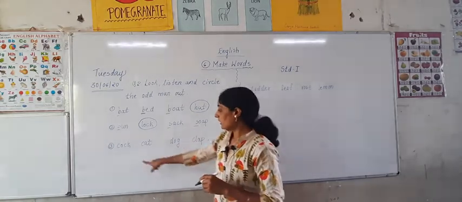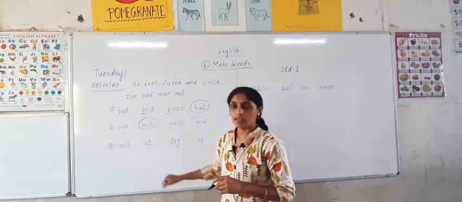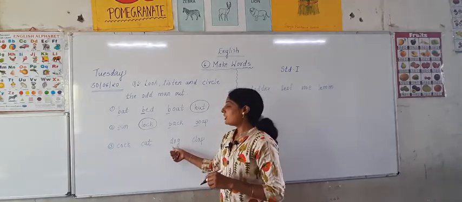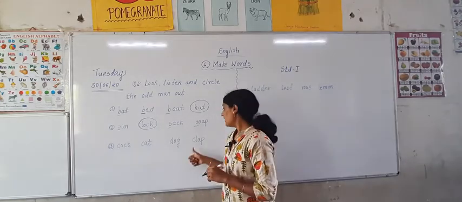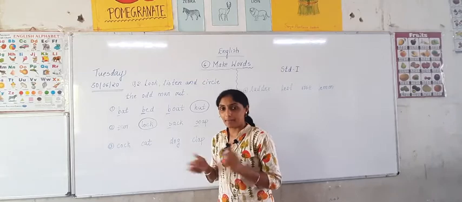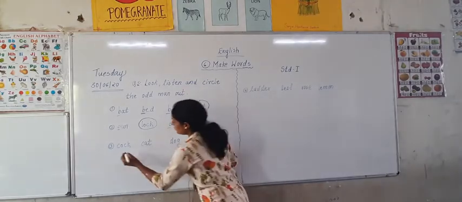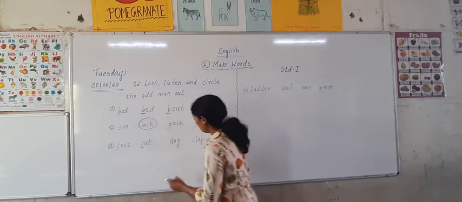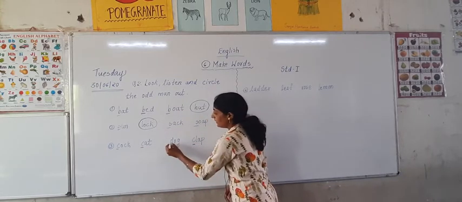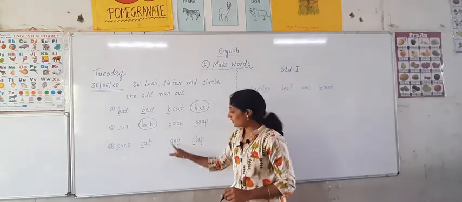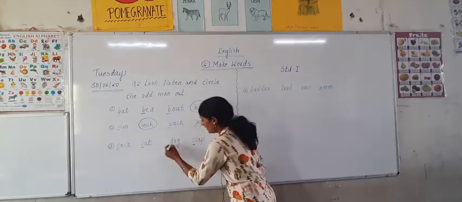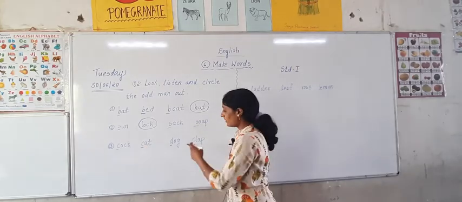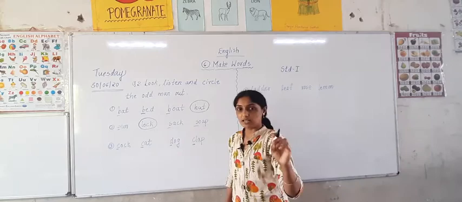Now the third example: COCK cock, CAT cat, DOG dog, CLAP clap. Just see the first letters of these words, which are the same, C. Only in between, one word has the letter D. So will D match everywhere? No. All the other words start with the C letter.